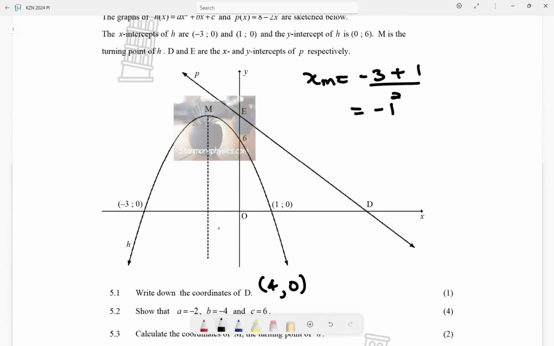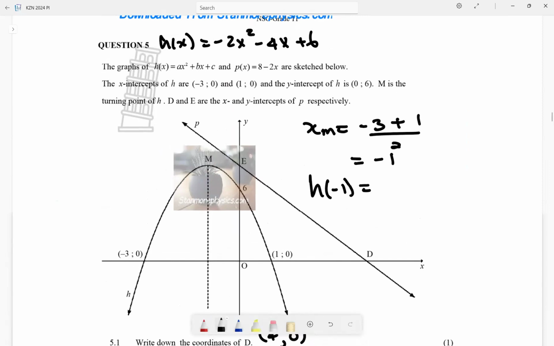And now substitute negative 1 into this function h, such that when I substitute negative 1, I get the value of y. Well, say h of negative 1. So it means when I see x, I'll substitute negative 1.